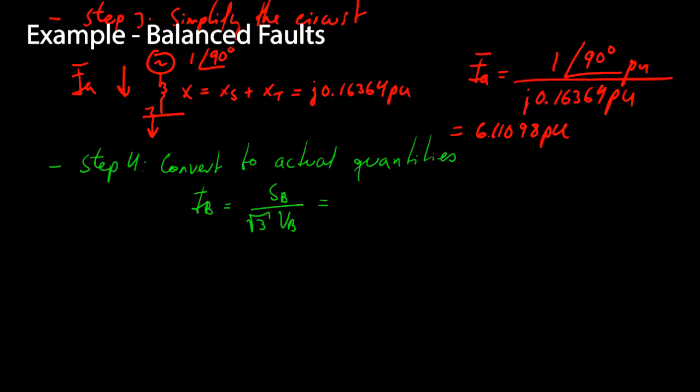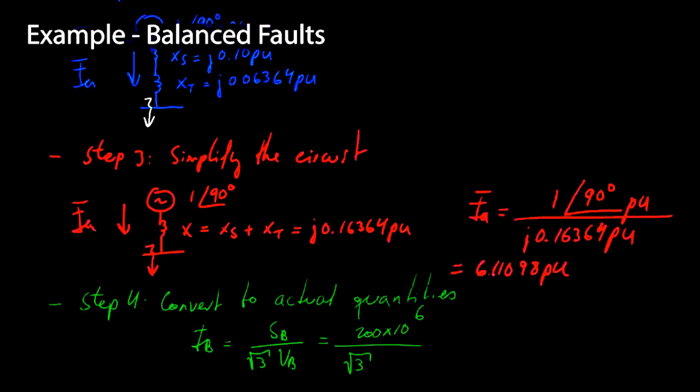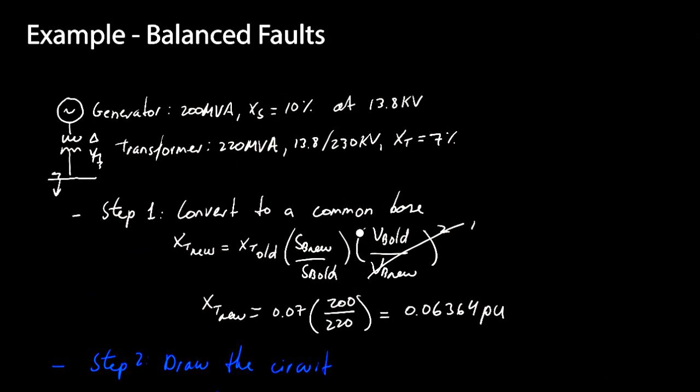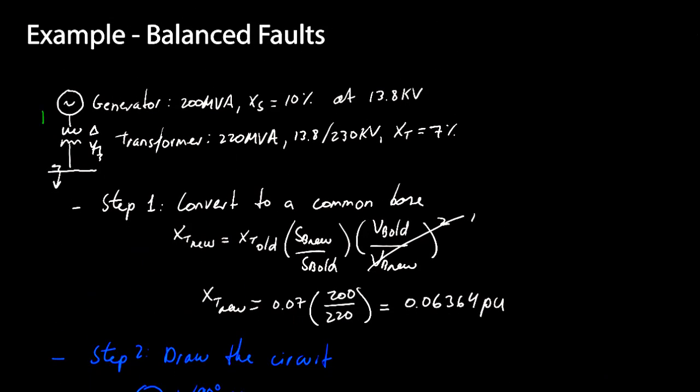So we're going to have this equation, 200 times 10 to the 6 divided by square root of 3, and then the base voltage. So again, that depends on where you want to see the current. If you're trying to get the current on the high side of a transformer, so this right here, then you will use 13.8 kV. If you're trying to get it on this side, which in this case I guess would be the high side of a transformer, and the other side would be the low side since it's a lower voltage. But in this case, again, that would be 230 kV.